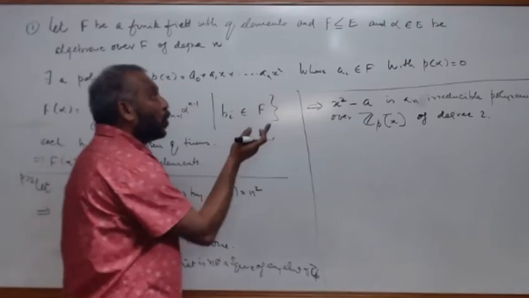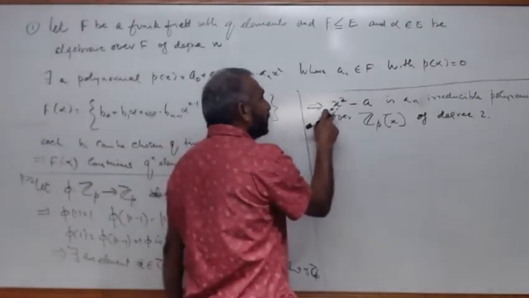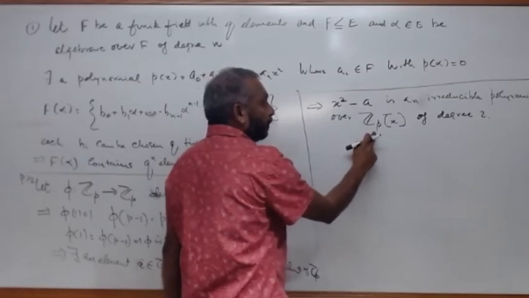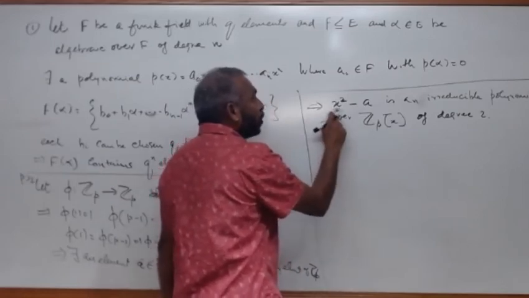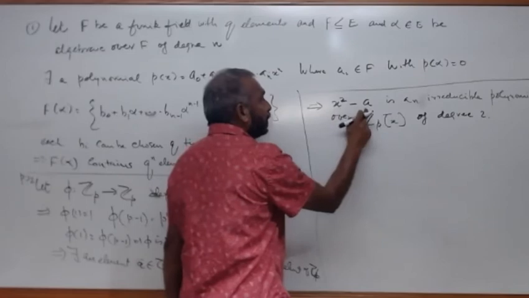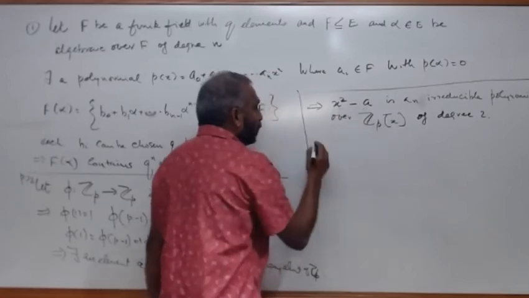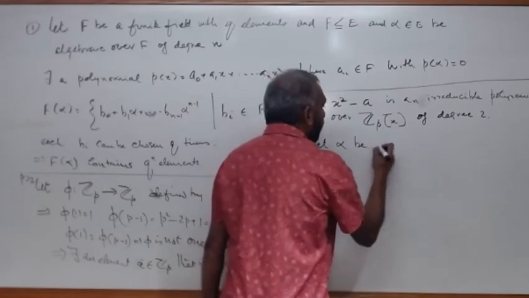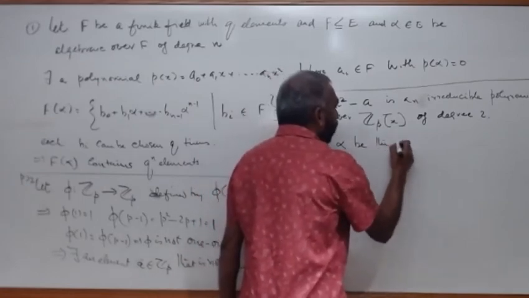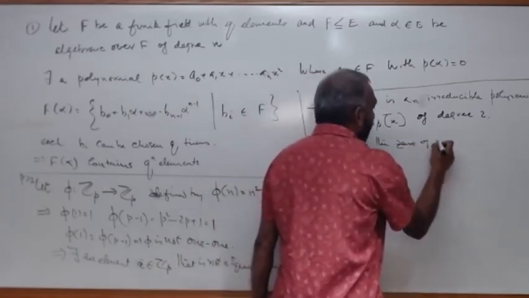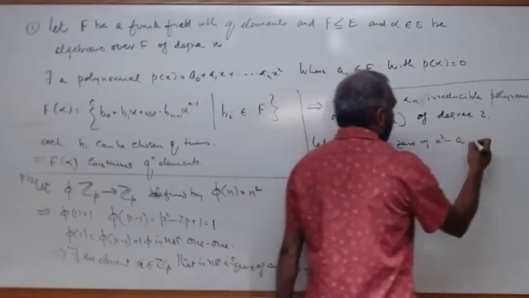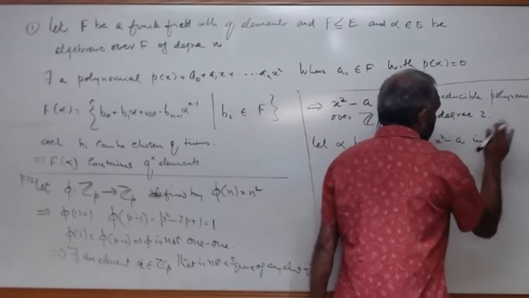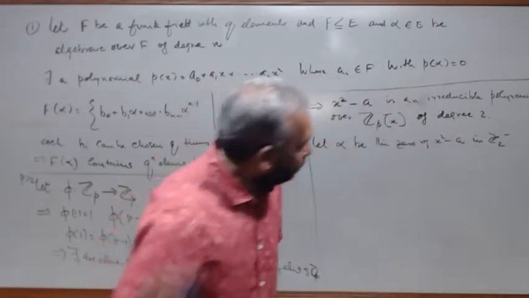So the root of this is outside Zp, because there is no root in Zp that will make this polynomial 0. So let alpha be the 0 of x square minus a in Zp of x.